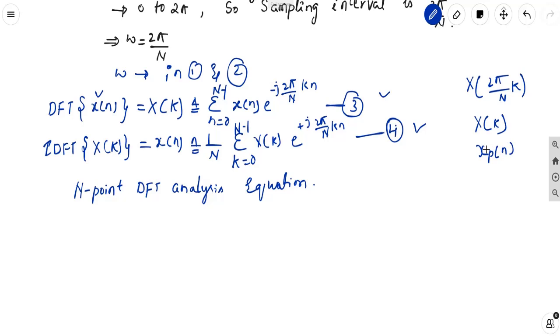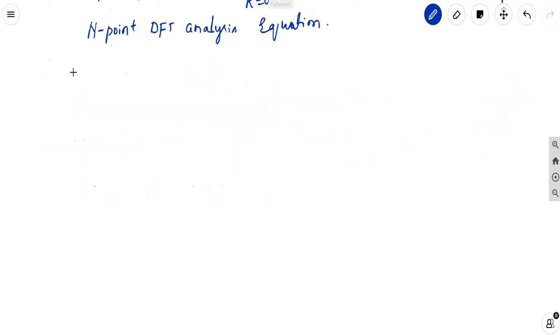Equation 3, which I told you is the DFT equation, is equal to that, and equation 6 in your reconstruction of frequency domain sampling is equal to this equation. Okay, fine.